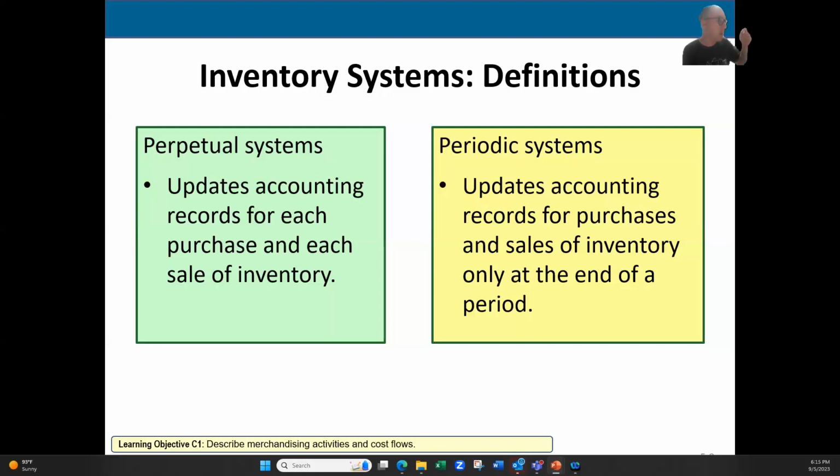So they would probably use the periodic system. They might also use a barcode reader, and then they just do a physical count at the end of each month. So technically, they're using both. Another type of business that would use a periodic system would be a car dealership. They physically count how many cars are on the lot at the end of each month. So that's the best way to differentiate between the two systems.